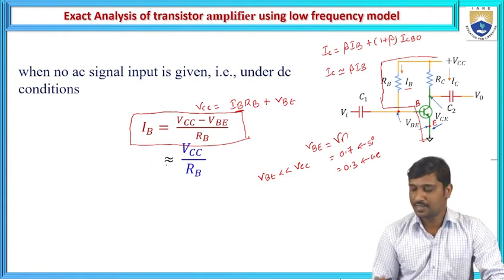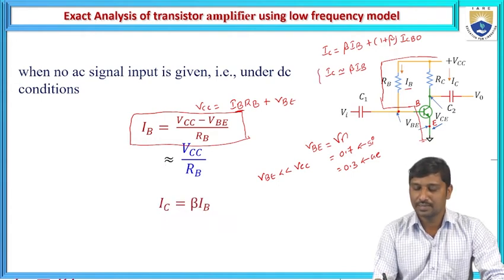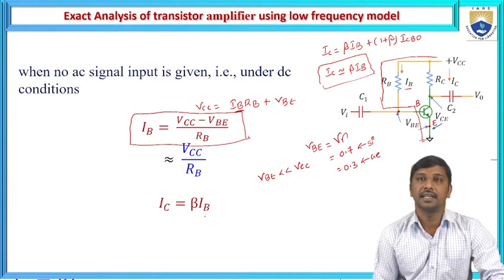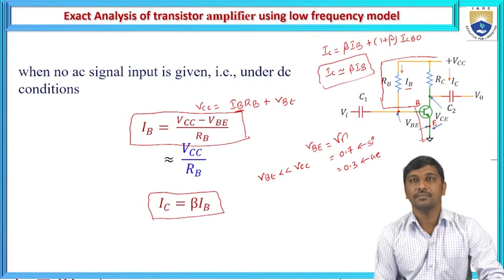By using this base current, now we need to observe the generalized expression of the common emitter configuration. We know that when the reverse saturation current is much less than 1, the collector current is represented as beta times IB. This is under the DC biasing condition.